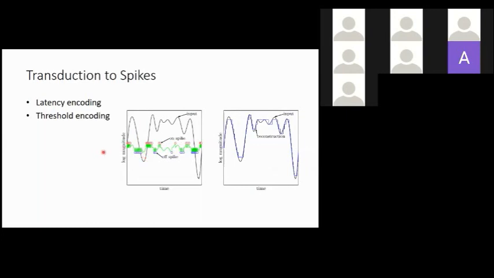That's very important. But in log magnitude, whenever your input increases by a certain amount, you just spike: one spike for an increase in value, one spike for a decrease in value. So that's where you get true polarity of spikes. That's how you encode using threshold encoding.